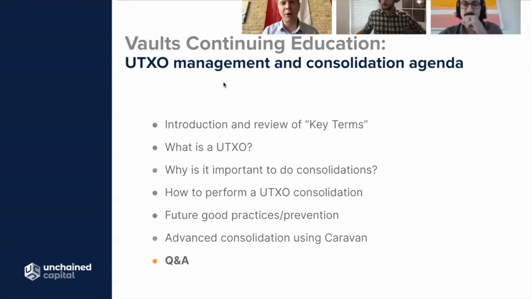Does it matter how often I do this? For instance, yearly, maybe every 6 months, every 2 years, does it matter the amount of deposits, the amount of total UTXOs, or that's 12, 50, or 100 UTXOs? I think the answer to that is, it's really up to the cadence with which you deposit to your vault. If you are depositing to your vault every month, and that's kind of the general guideline.